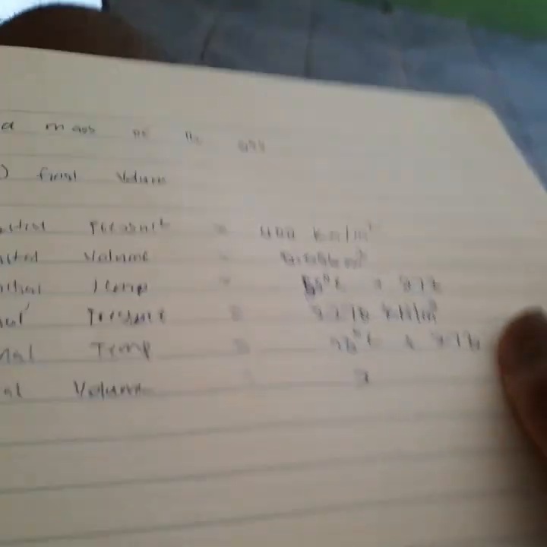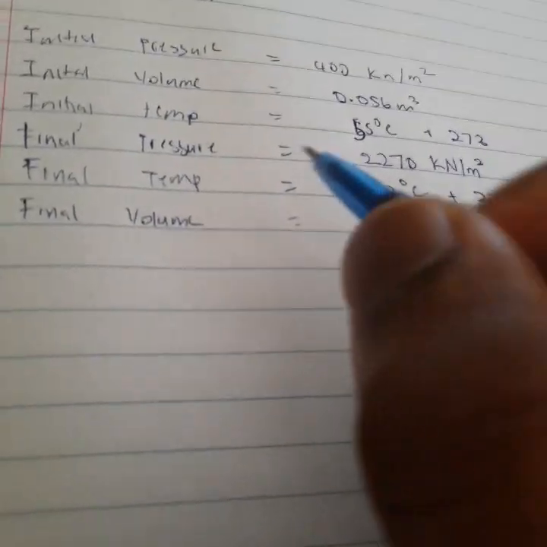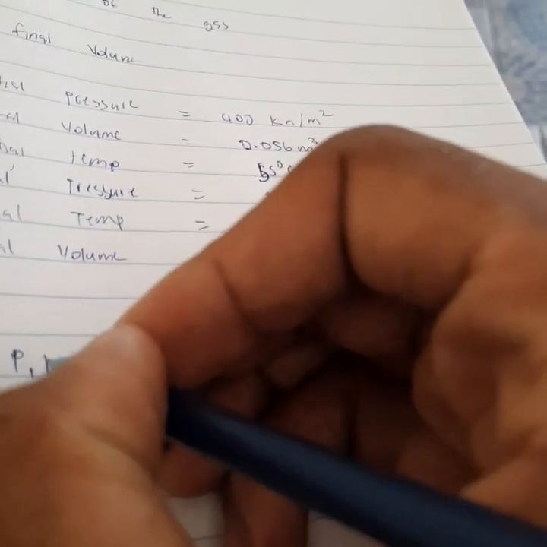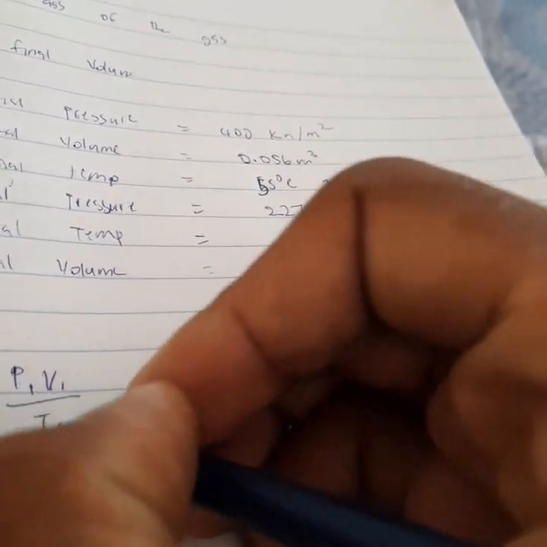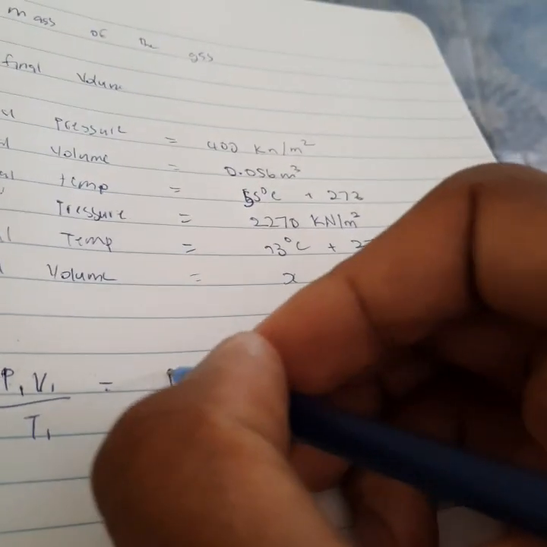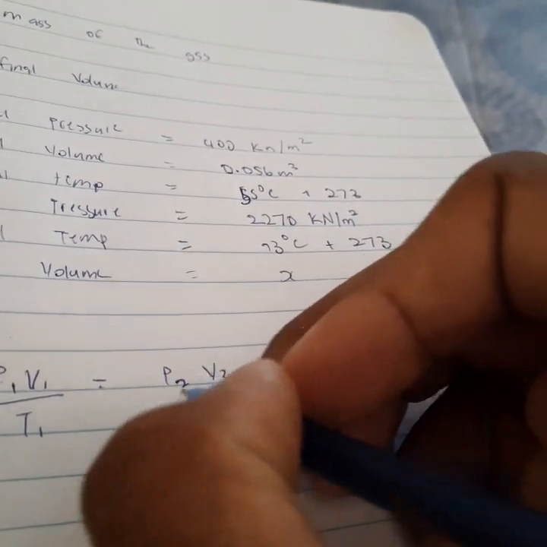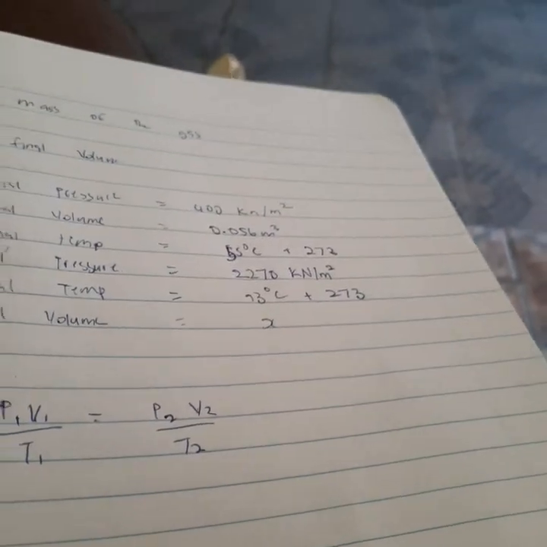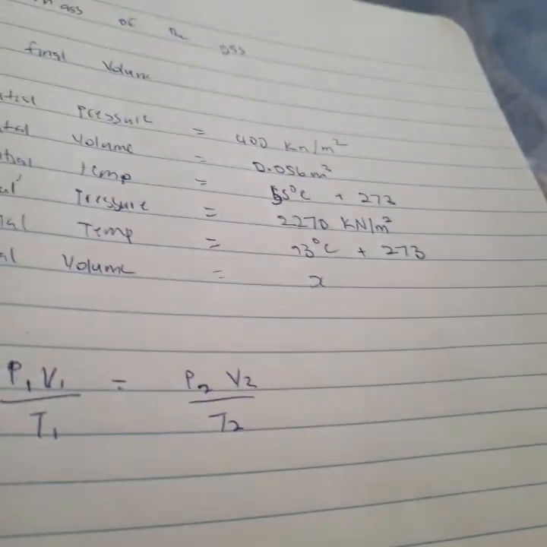Alright, so we're going to use the universal gas law, which is P1 V1 over T1 equal to P2 V2 over T2. Then transpose.